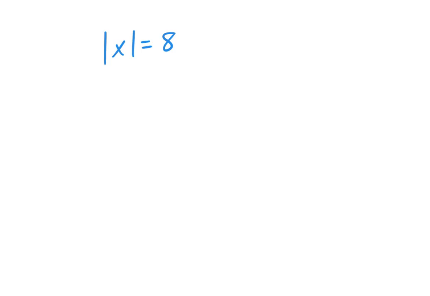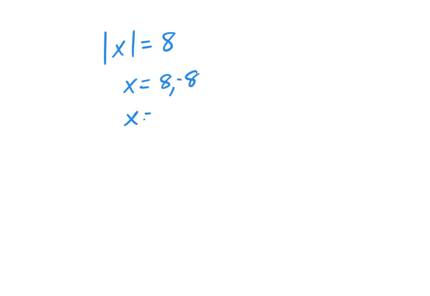If I say, what is the absolute value of x that equals 8, what we're really asking ourselves is, what number or numbers can I plug in to x that make this equation work? What number can I take the absolute value of that would give us positive 8? 8, okay. Or -8, yeah.